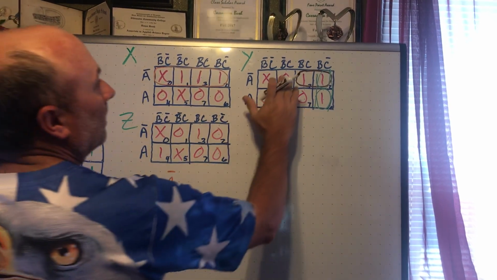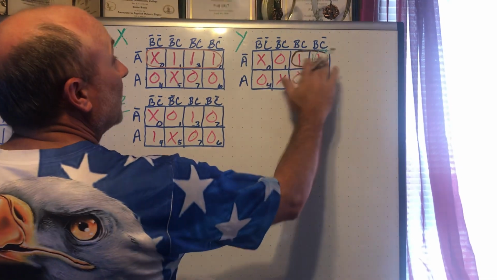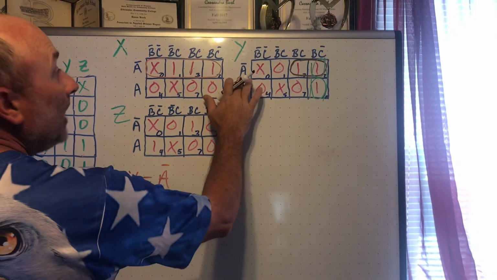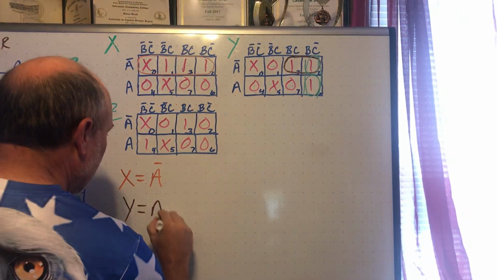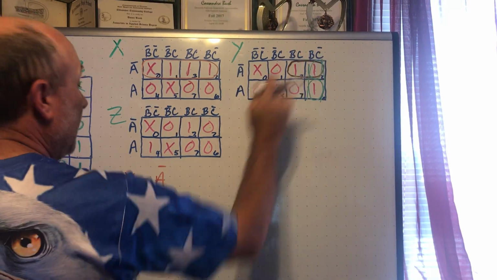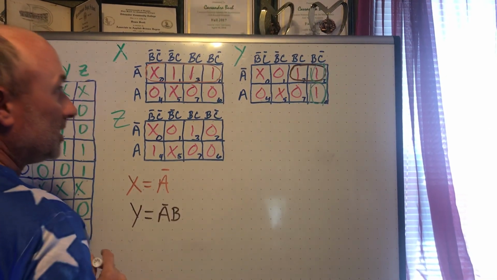I always like to look at the horizontal first. What doesn't change in this horizontal group, 3 and 2? My A naught doesn't change, so it's going to be A naught. Is there anything else that doesn't change? My B doesn't change, but my C changes to a C naught.